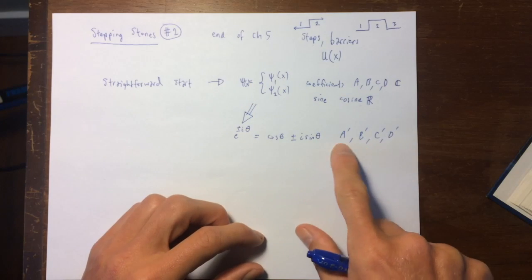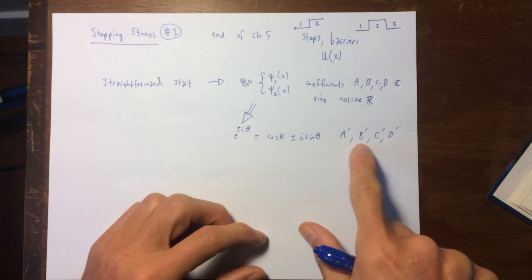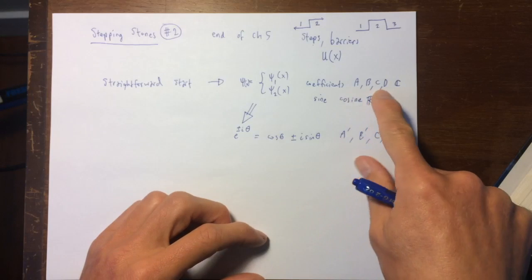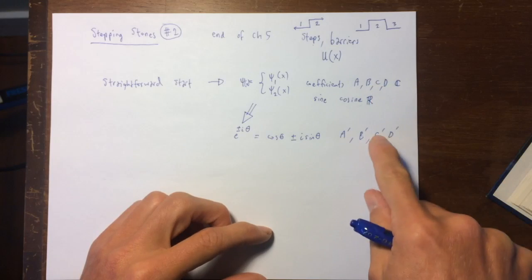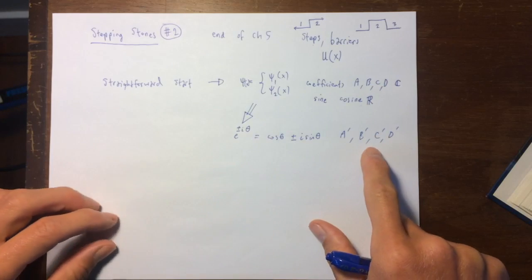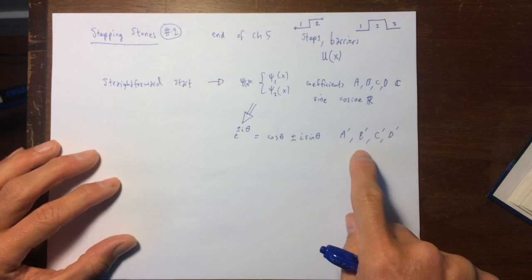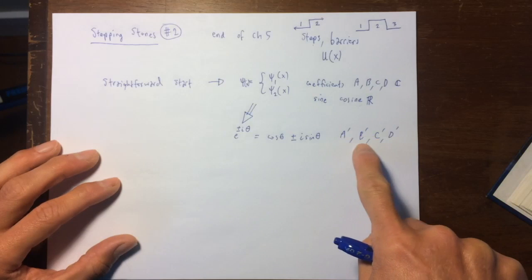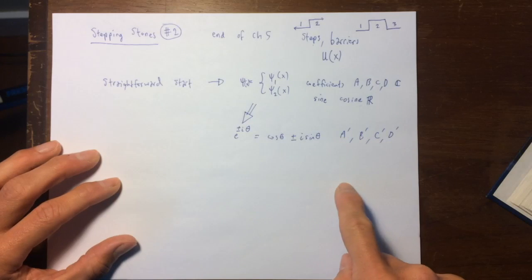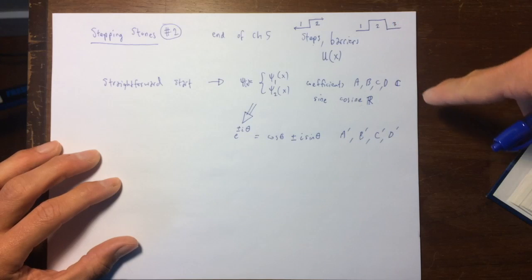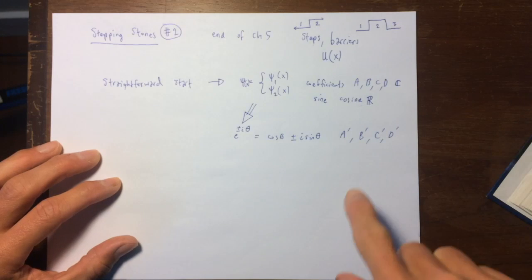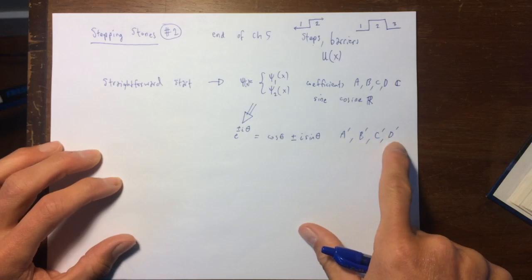So you end up with these new coefficients. These new coefficients absolutely are related to the old coefficients, quite simply, quite honestly. The hard part is to figure out how these coefficients are related to the coefficients themselves.